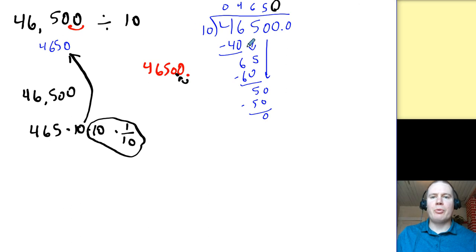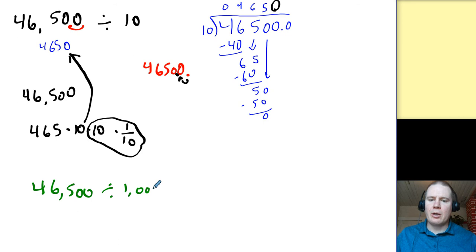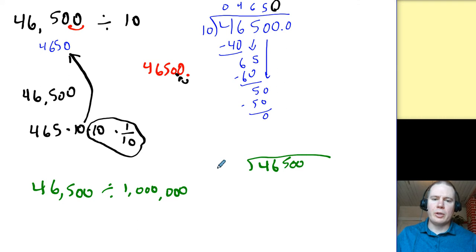Now here, maybe you might think that didn't make too big of a difference, but let's try a different number. 46,500, instead of divided by 10, let's divide that by a million. A million doesn't go into 46,500, so, nonsense, right?